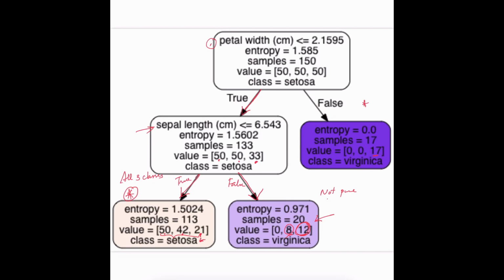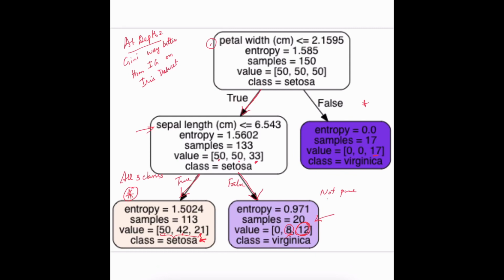Because it is the highest, it is going to predict setosa, but I don't think it's looking right. So at depth 2, Gini was way better than information gain on the iris dataset.